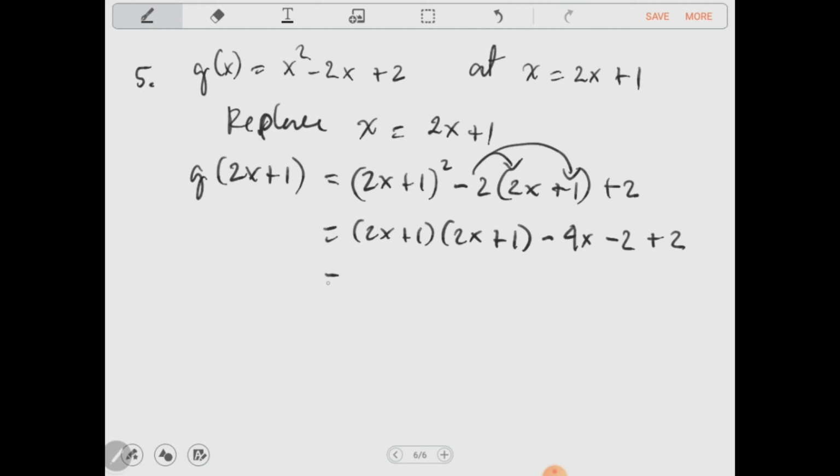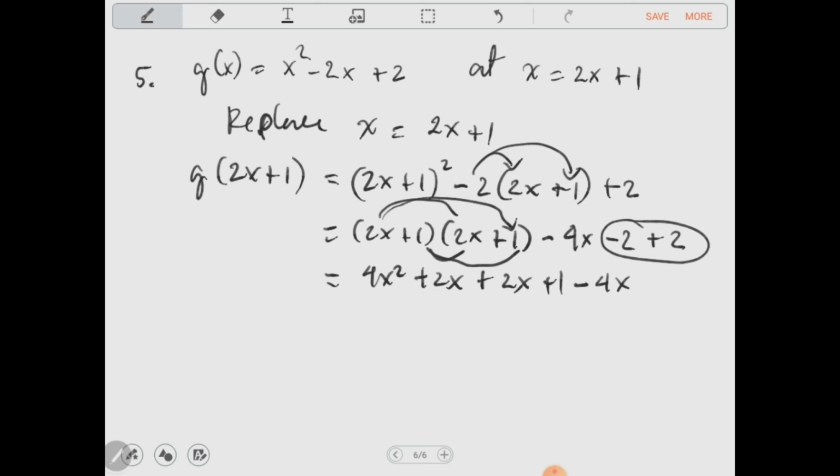Okay, and then perform the FOIL. The first is 4x squared. Outer, we have plus 2x. Inner, 2x again. The last, 1 times 1 is 1. Plus 1 minus 4x. But this negative 2 plus 2 can be cancelled kasi negative 2 plus 2 is 0. So, no need to write na siya. Okay, and then, let's check kung merong mga like terms, no? So, meron tayong nakikitang like terms.